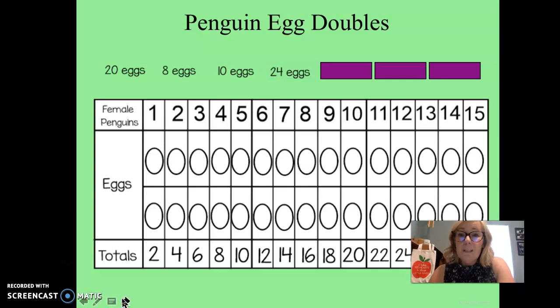That's 2 dozen eggs. 24. 12 plus 12 equals 24.